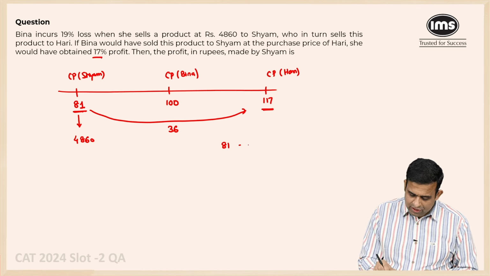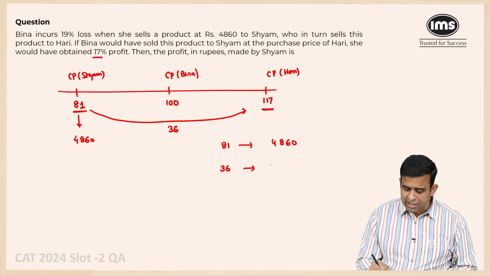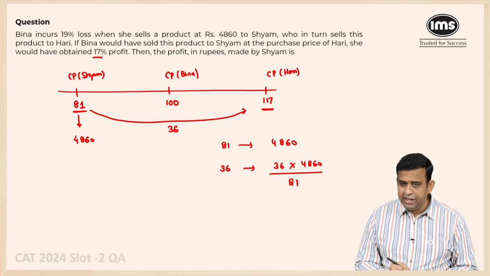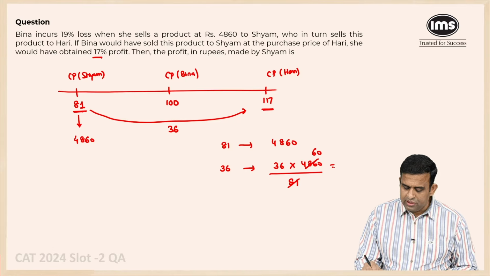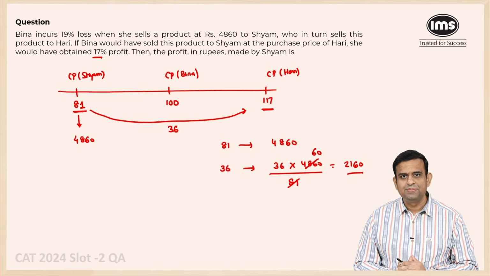So 81 corresponds to 4860, then 36 will correspond to what? We can simply do a cross multiplication. 36 into 4860 divided by 81. So 81 into 60 is this number. 60 into 36 becomes equal to 2160, which is the answer for this particular question.